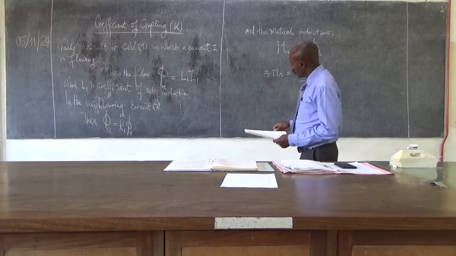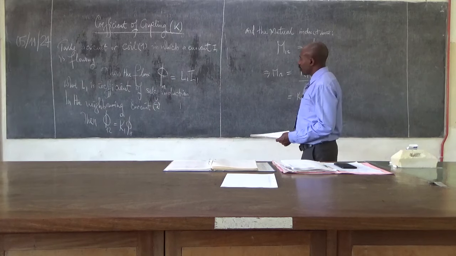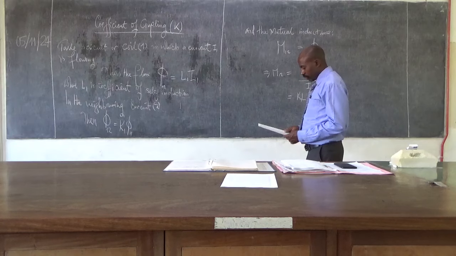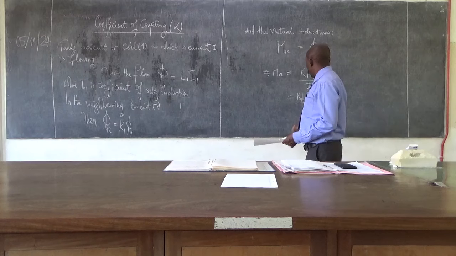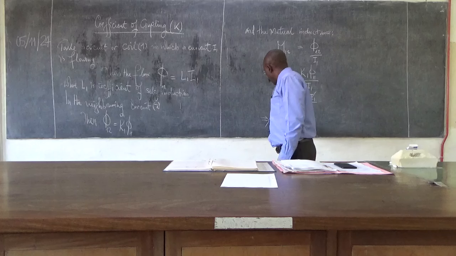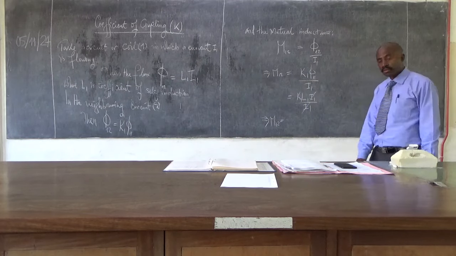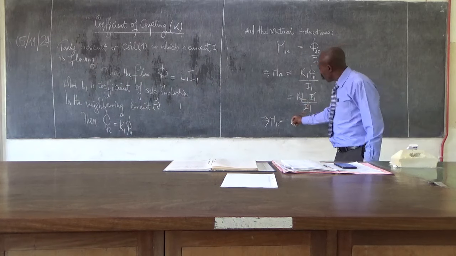Phi 1,1 is L1 I1, so it is K1 L1 I1 after substituting, and then divided by I1. The I1s go, so this would imply that M1,2, that is the mutual inductance between the two circuits 1 and 2, would be the same as K1 L1.